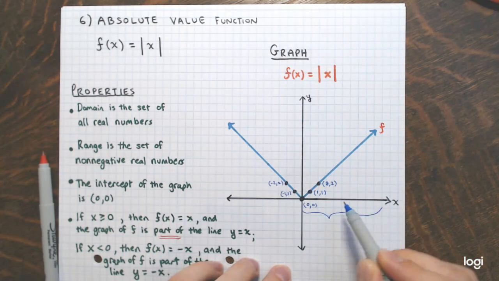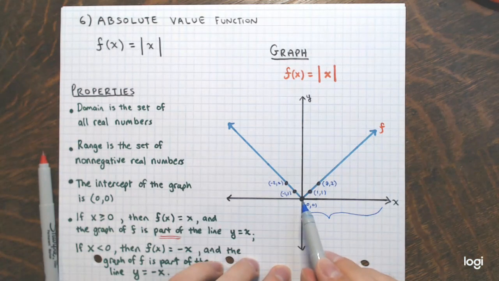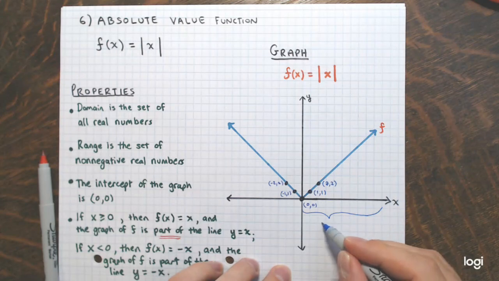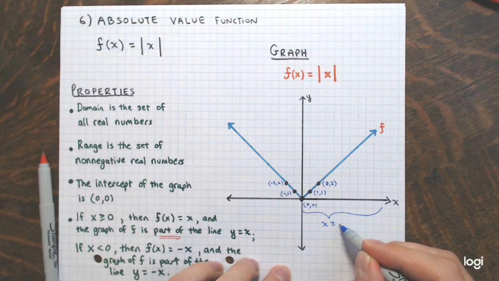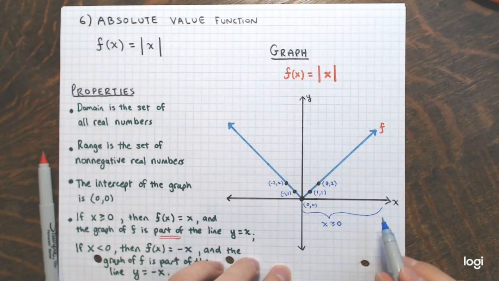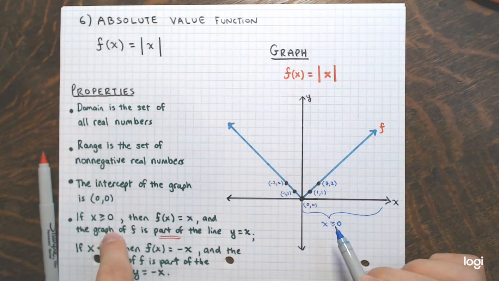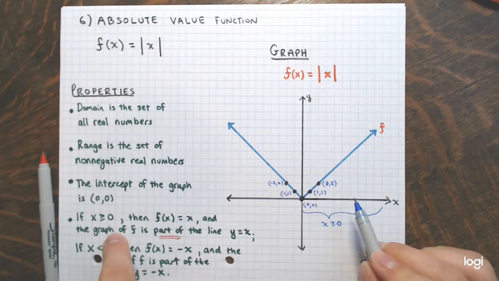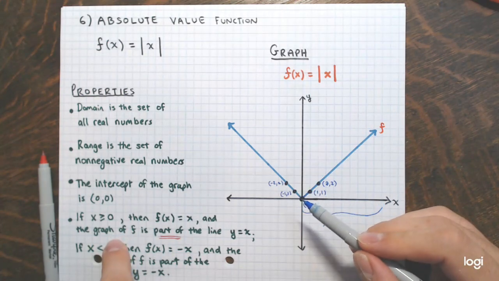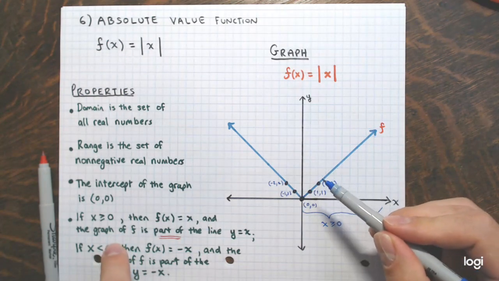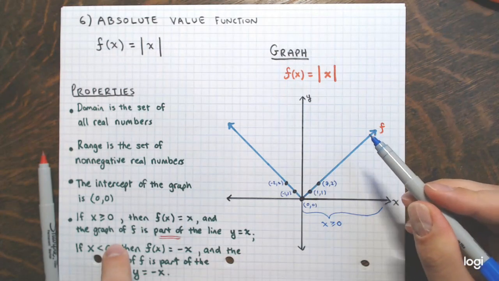On the x-axis, that's from x equals 0 to the right. This is the part of the graph of my coordinate plane where x is greater than or equal to 0. And over this part of the x-axis, you see my graph is part of that y equals x line, that identity function.